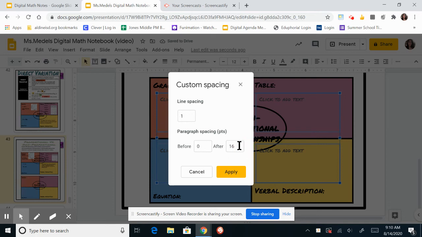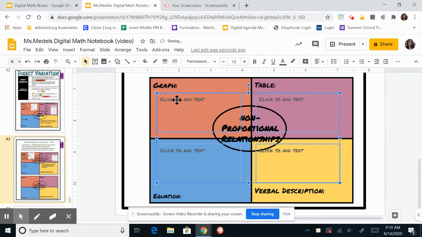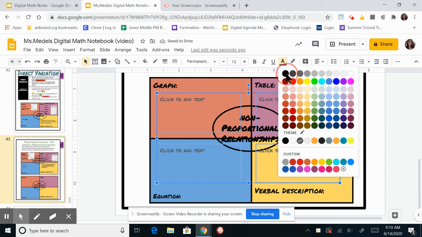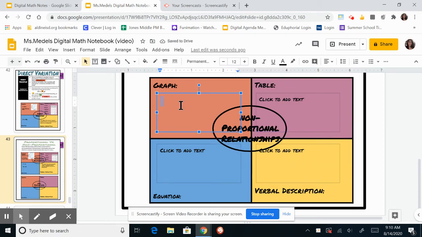So with a graph, a non-proportional relationship could be either non-linear or does not go through 0, 0.